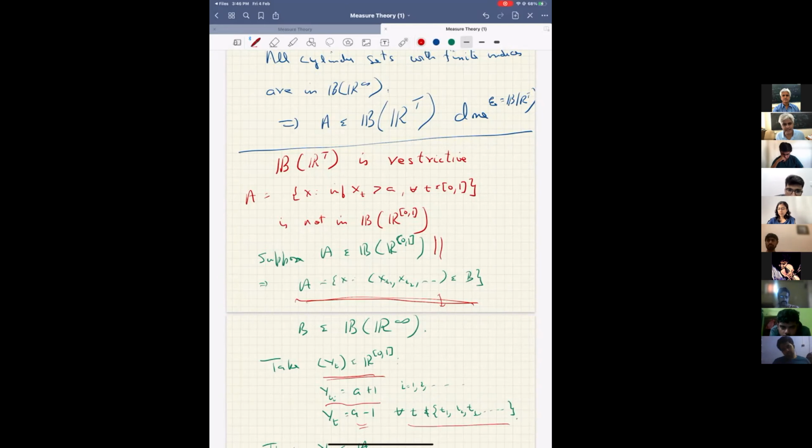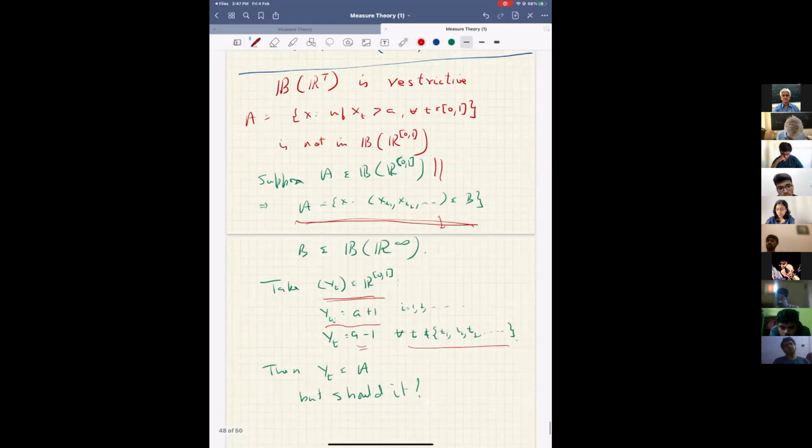So if you're in this set A, at these t_i's you should be bigger than small a, which is true for this path y_t. But we clearly know that its infimum is less than a. So there's a contradiction here.